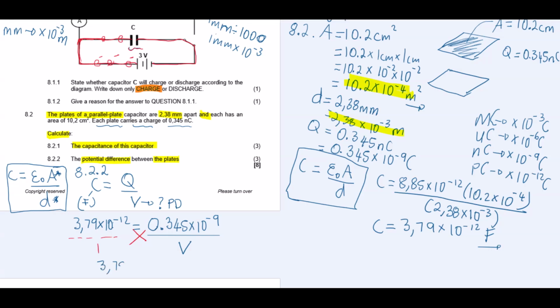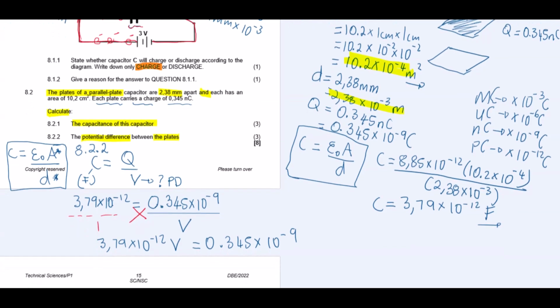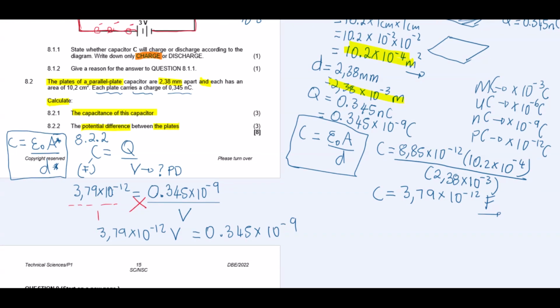Then V times 3,79 times 10 to the power of negative 12 is equal to 0,345 times 10 to the power of negative 9. So the answer is V equals that, divided by 3,79 times 10 to the power of negative 12. This cancels that. What you do on the left, you also do on the right.